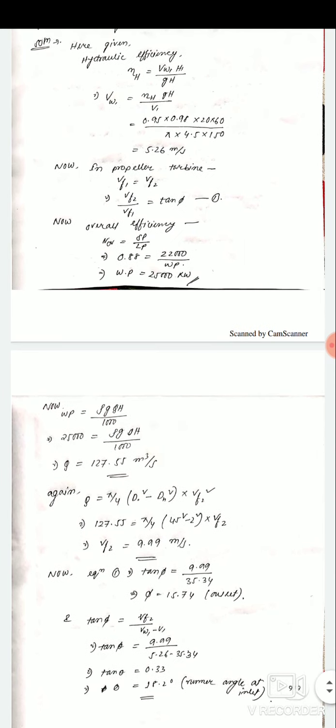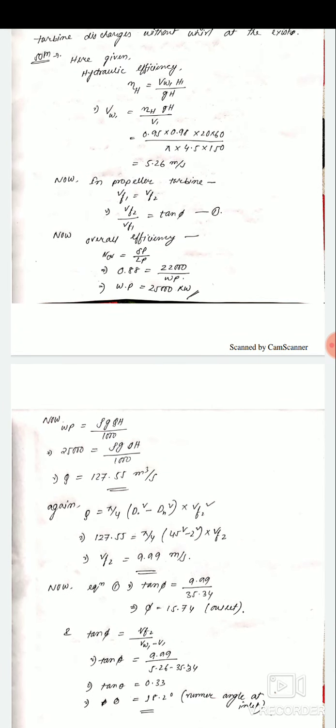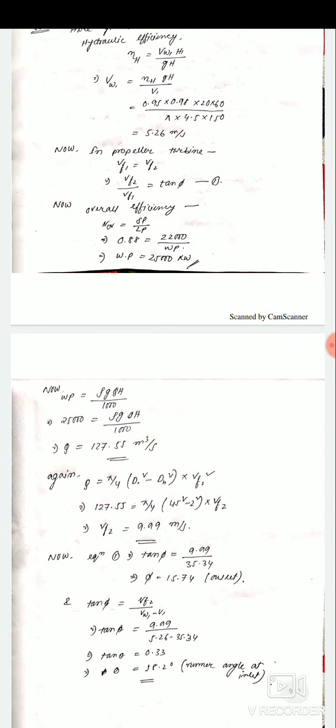From equation 1, by putting in this value, phi out is coming out as 15.74, which is the runner angle at the outlet. For the runner angle at inlet, we have tan theta equal to Vf2 divided by (u1 minus Vw1), where Vf is the flow velocity. After putting in these values, we see that the inlet runner angle is coming out as 18.2.